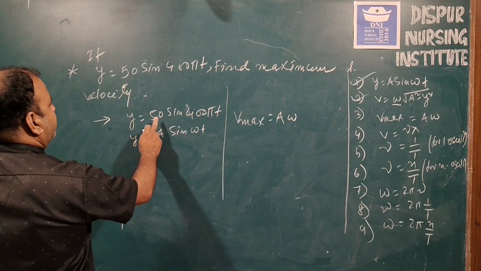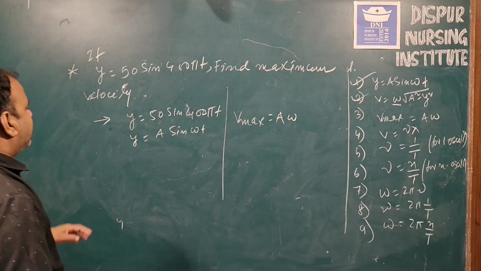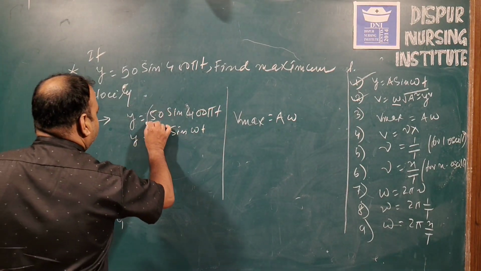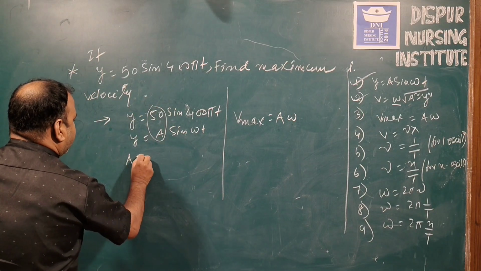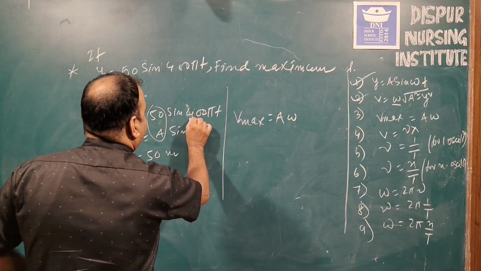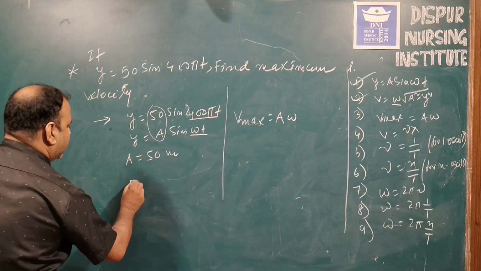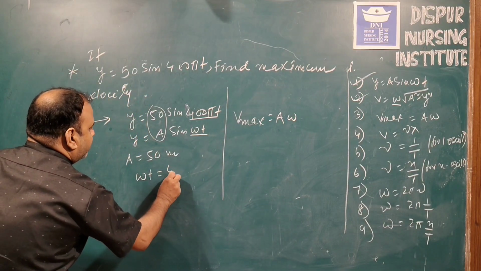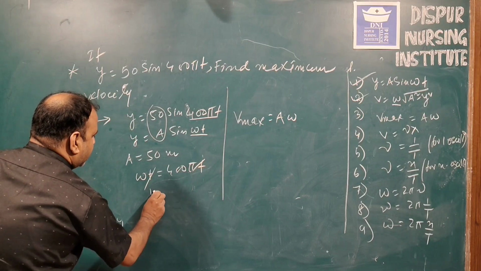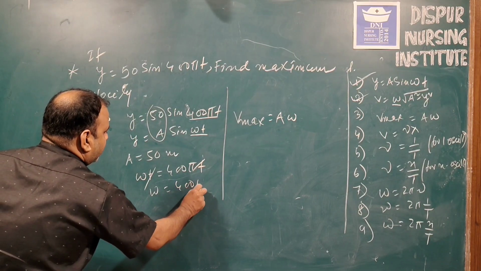Now y is equal to 50 sine 400 pi t and here y is equal to A sine omega t. After comparing, we get A is equal to 50 meter, and omega t is equal to 400 pi t, so t cancels, so omega is equal to 400 pi.